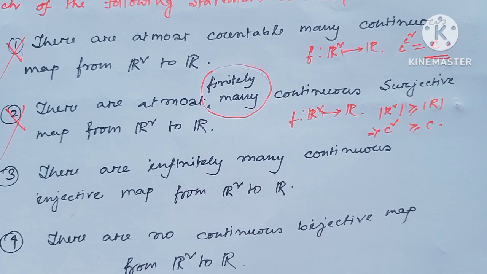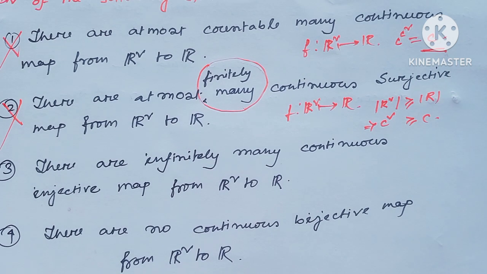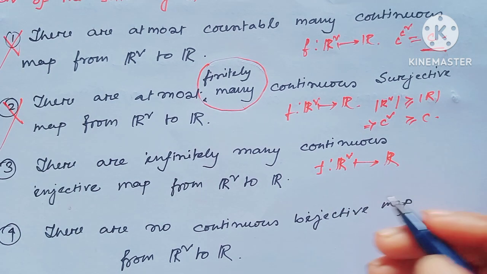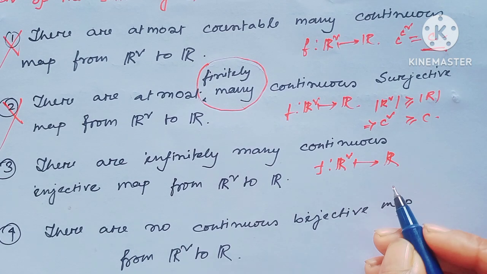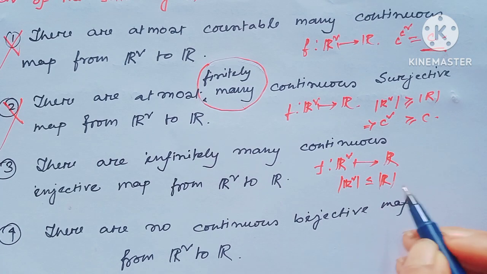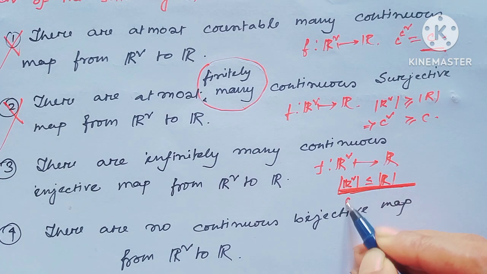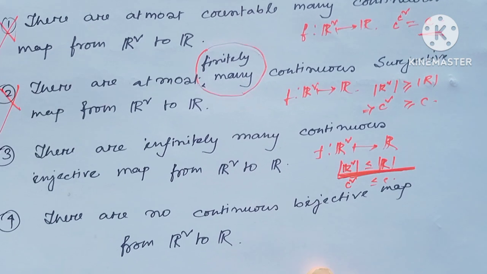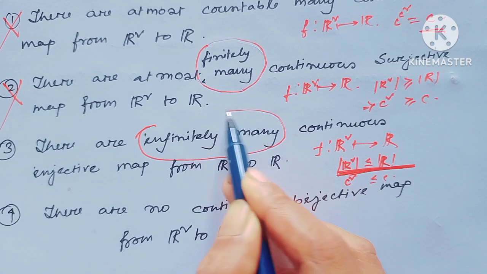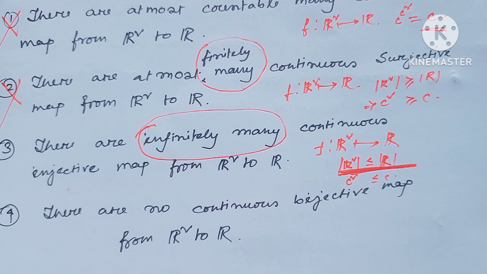Option 3 implies there are infinitely many continuous injective functions from R2 to R. Here the mapping A from R2 to R. 1-1 means the cardinality of R2 would always be less than or equal to the cardinality of R, and this is not true, because here it is C square and here C. Also, if such a 1-1 function existed, there would not be just infinitely many, it would be an uncountable number of continuous injective functions.